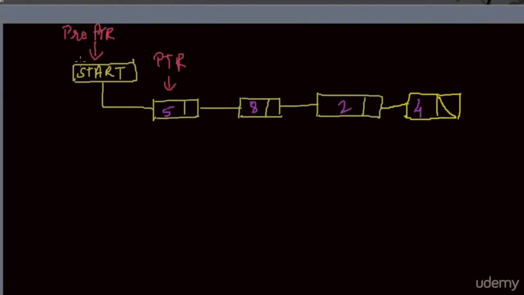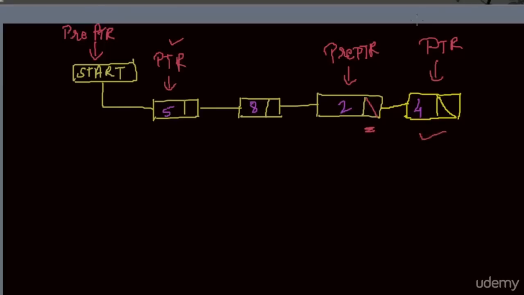Now we will traverse till PTR reaches here and pre-PTR reaches here. Once this is done, our task is simple. Once pre-PTR is here and PTR is here, we will simply mark the link part of pre-PTR as null and delete this one.